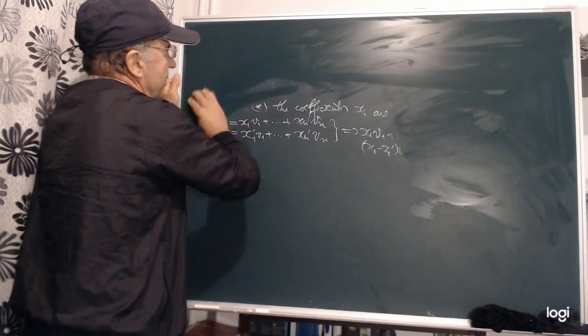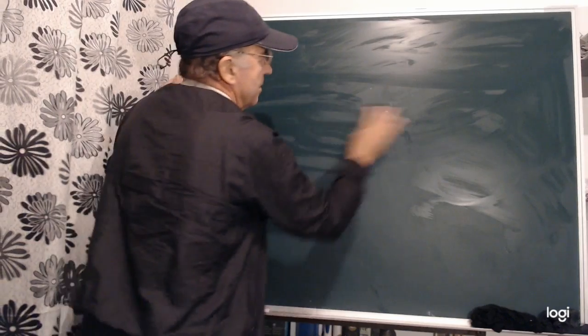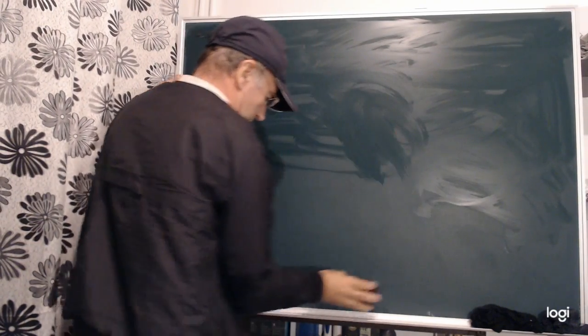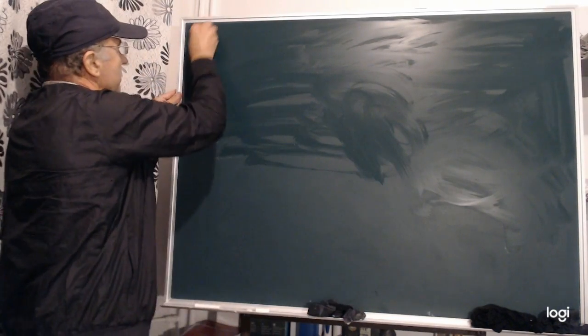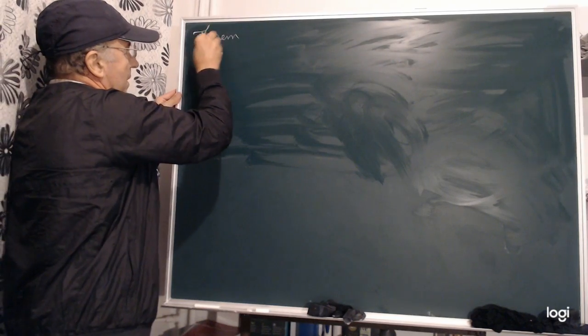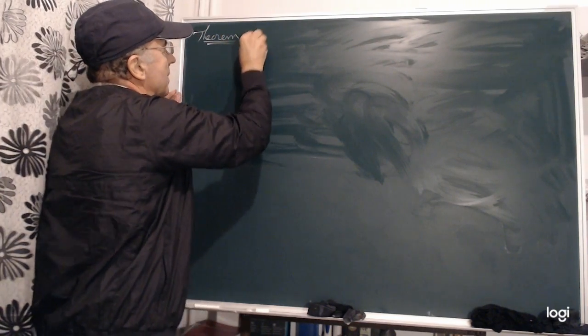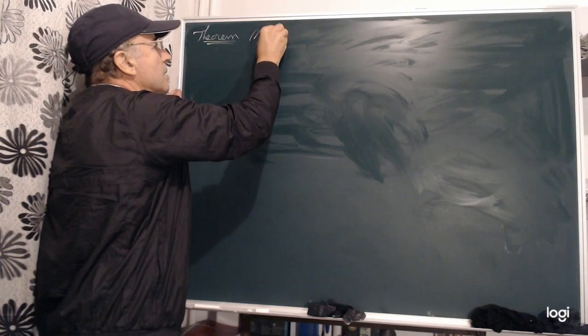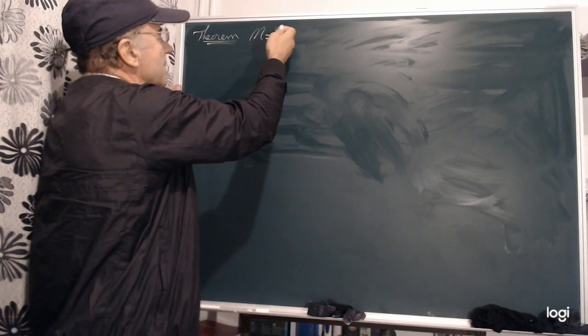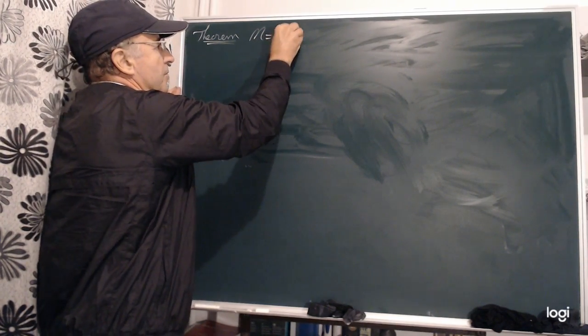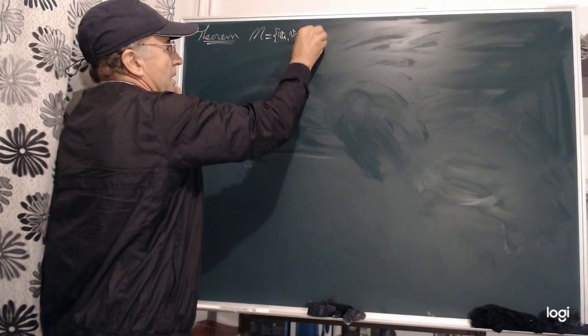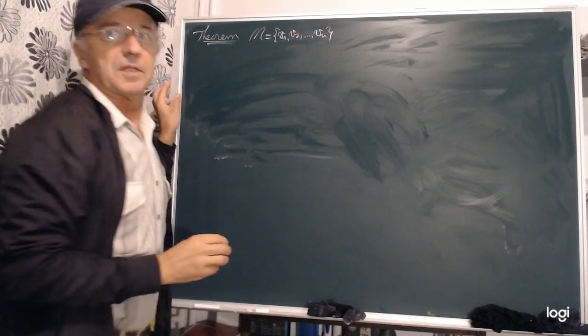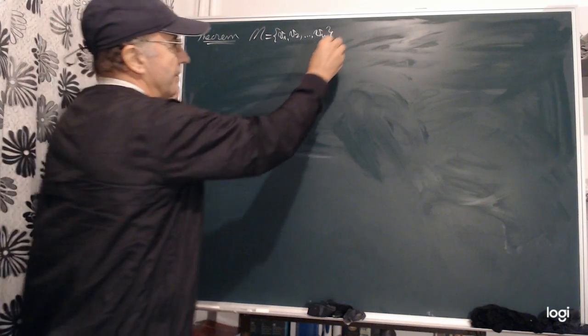For the considered vector space, let M, containing the vectors v1, v2 up to vn, be a system of linearly independent vectors.